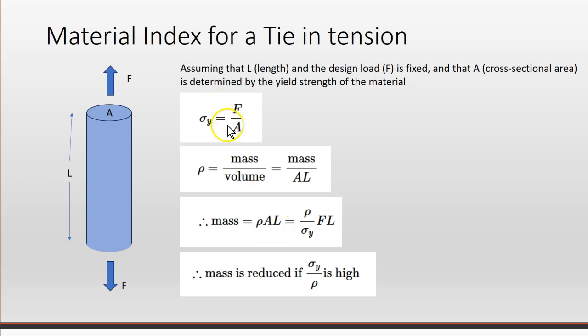We can eliminate A from the first and second equations to give us mass is equal to rho over sigma y, F times L. We can see the mass of the component will be reduced if we use a stronger material. And obviously, it will be reduced if we reduce the density of the material used.